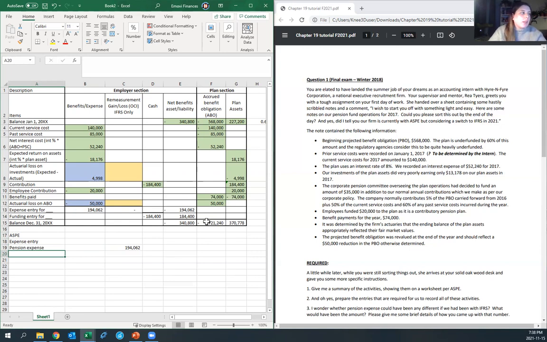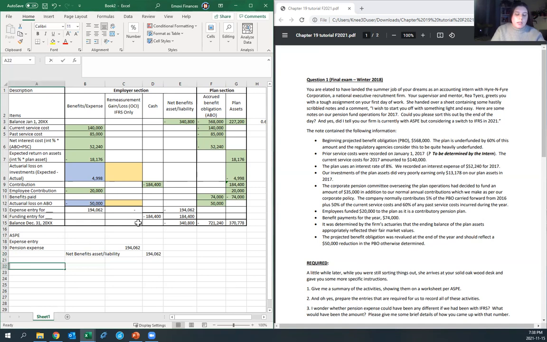Yeah, so because we're debiting it, because your obligation is a liability, you want to debit it instead of crediting it, because you're debiting, so you're reducing the balance of what you're going to pay in the future. Here, your ABO, yeah, no problem. And then your credit to the pension expense is this account here, your net benefits asset liability for the same amount.